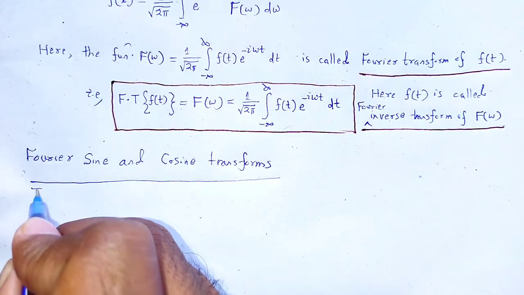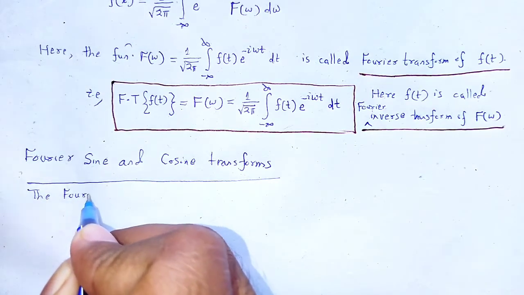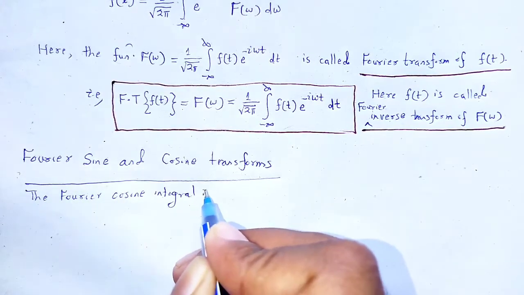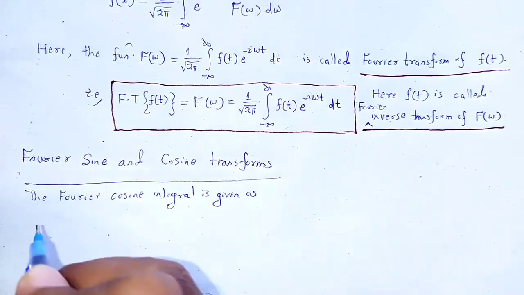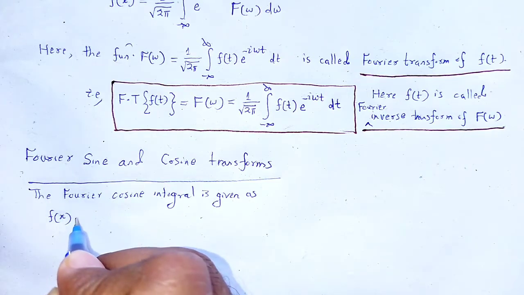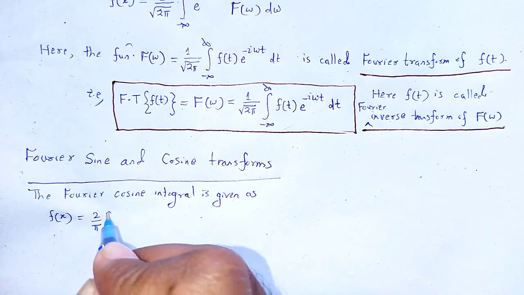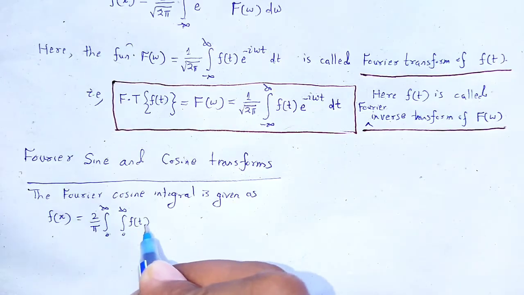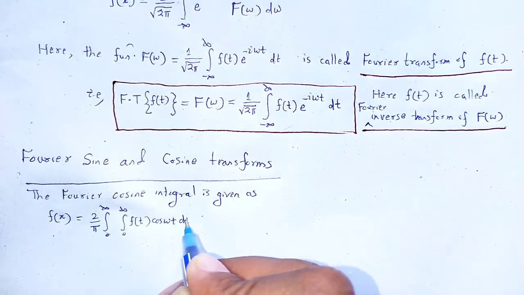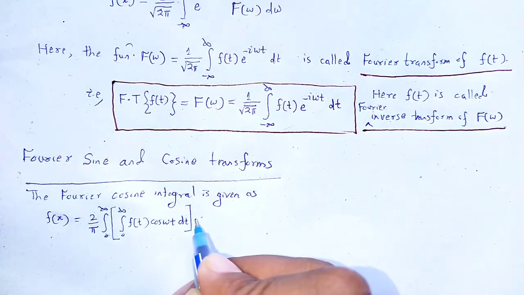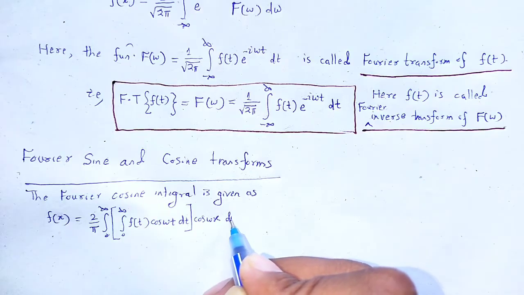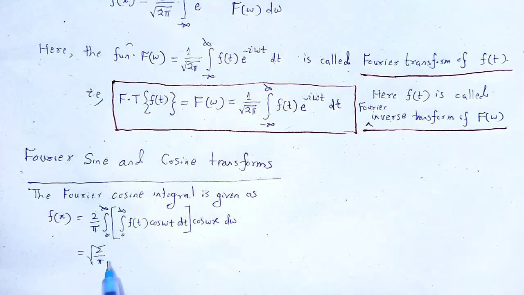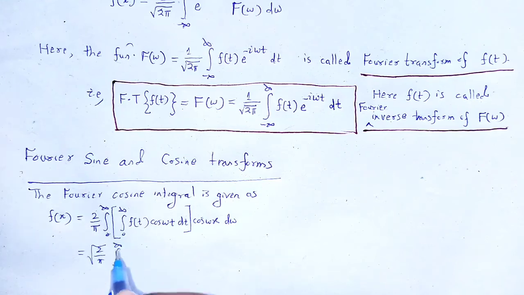First, Fourier cosine integral. The Fourier cosine integral is given as f of x is equal to 2 by pi integration over 0 to infinity f of t cos omega t dt cos omega x d omega, which is equal to under root of 2 by pi integration over 0 to infinity.